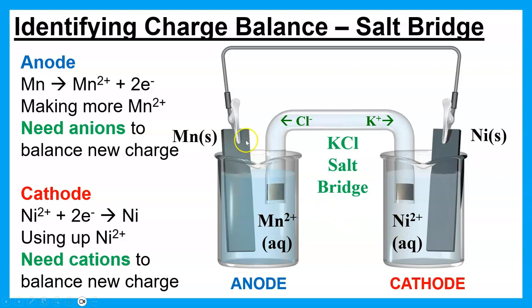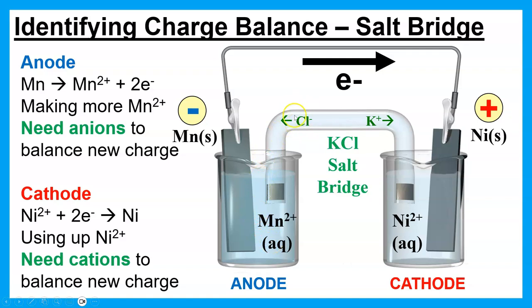Remember, this side negative, this side positive. One of the things that's nice if you take the time to label your negative and positive is that it can be a very good reminder of which ion needs to go into the solution from the salt bridge.